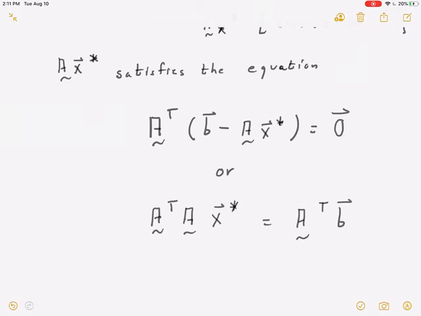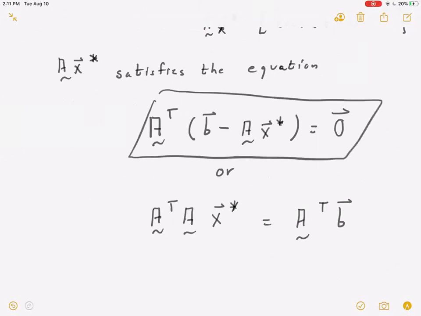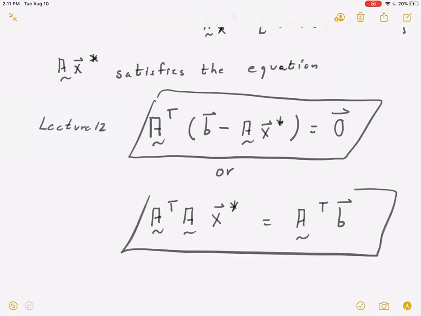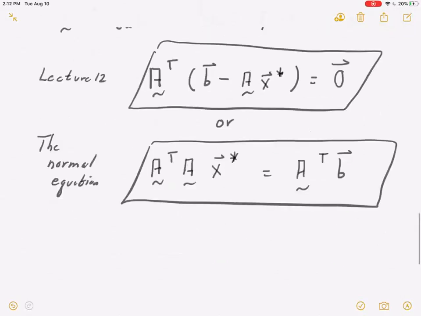We showed that this was true back in lecture 12. You can clearly rewrite this. And this particular equation has a name. It's referred to as the normal equation. So again, the goal here is to find X asterisk.